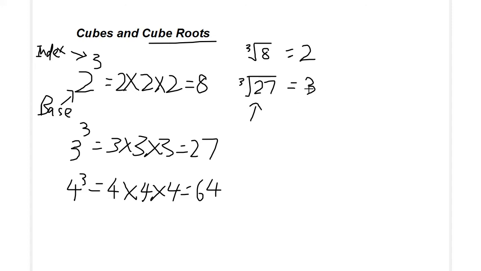Numbers like 8, 27, 64 are all perfect cubes because you could cube root them and you get back the original number, as seen here, right?